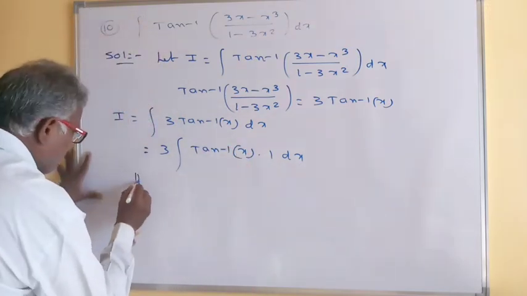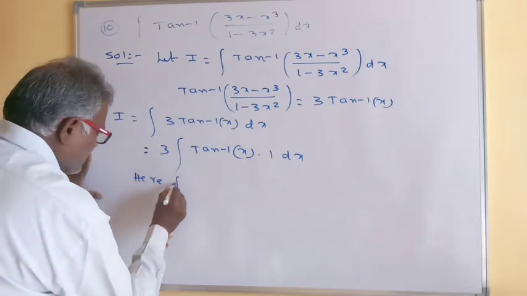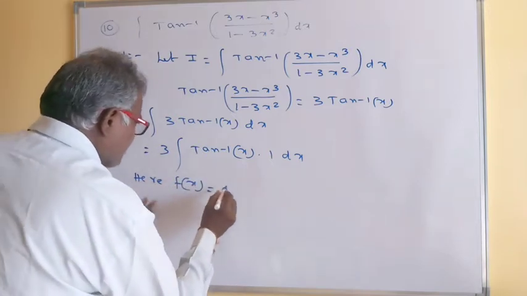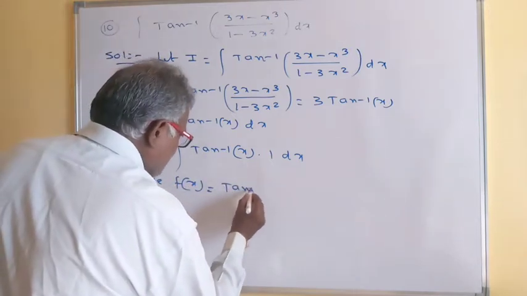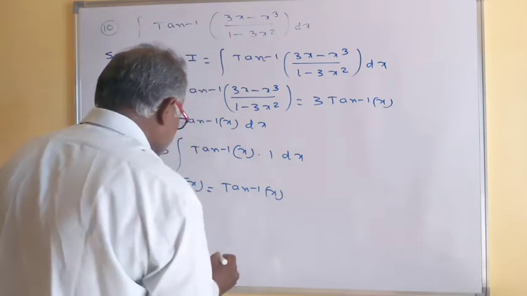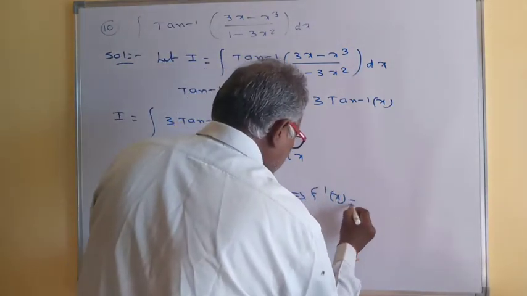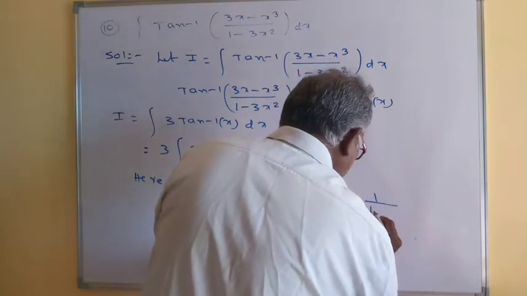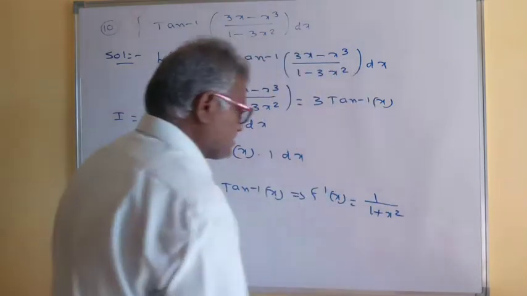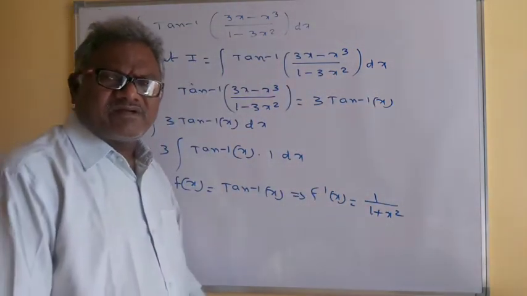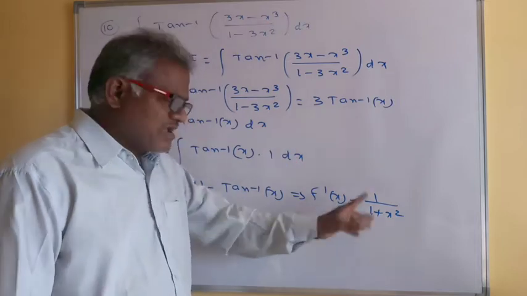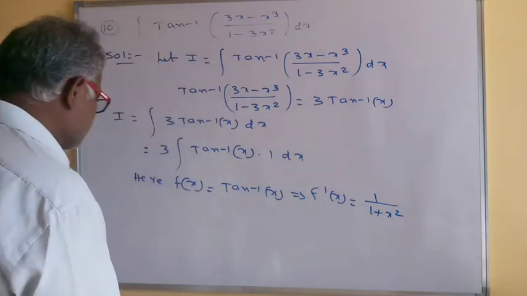To evaluate the integral of tan inverse x, you have to select the second function as 1. Now here f of x is equal to tan inverse x. For the first function, you always find the derivative, which is 1 by (1 plus x square) for tan inverse x.